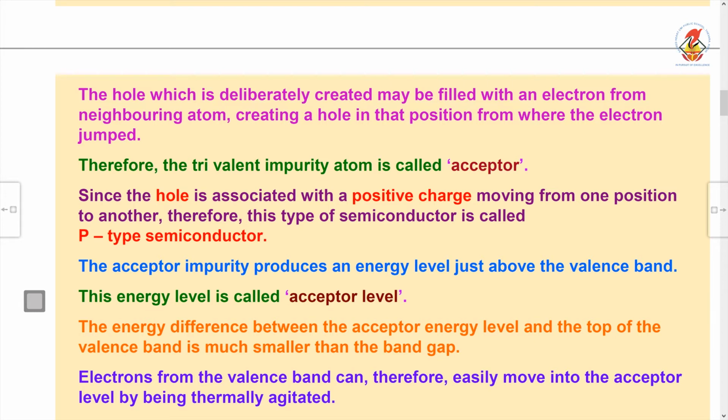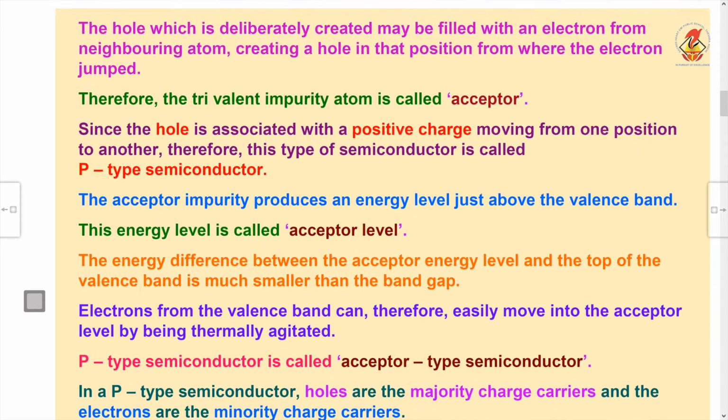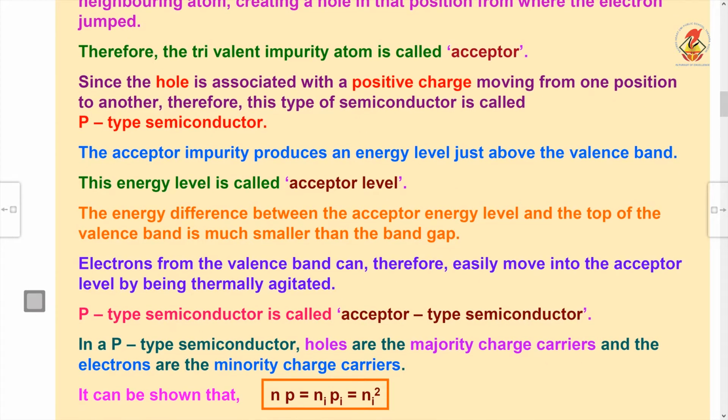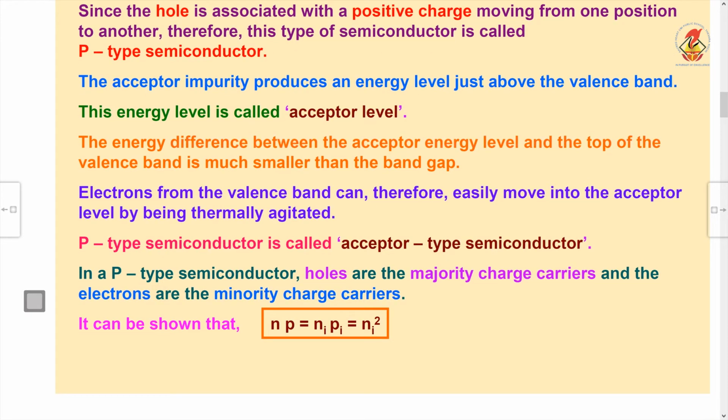This energy level is called the acceptor energy level. Now here also, these are all the things which we explained just now, so you can just copy these things. Here also N into P is the same as Ni into Pi, which is Ni square.